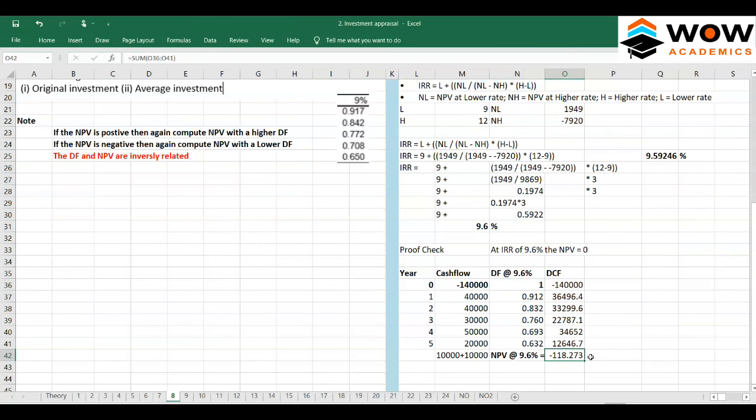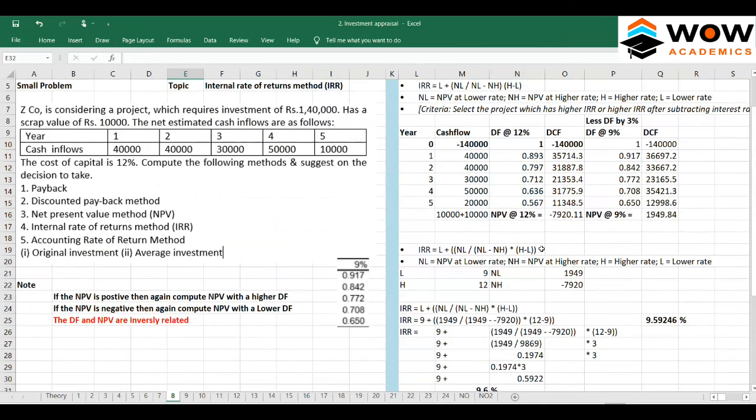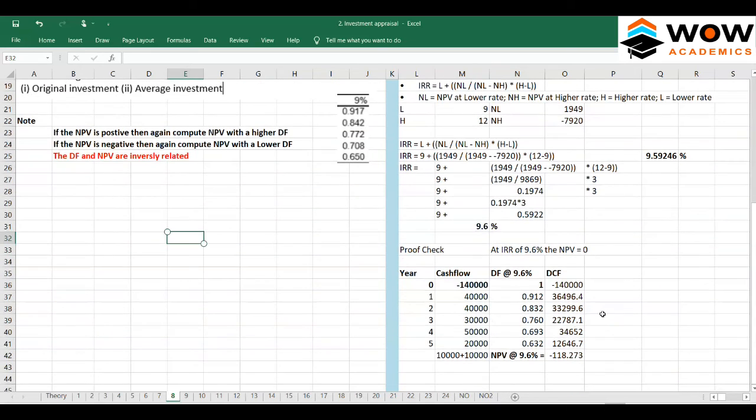Okay, so is it the right number or not? See, it is closely coming to the number. If we use 12%, it's very high at minus 7920. At 9%, it is 1949. But when we use a number like 9.6, the difference is coming towards 0.